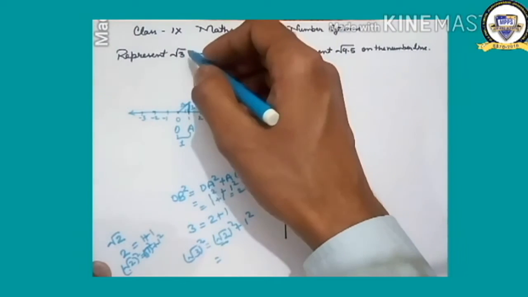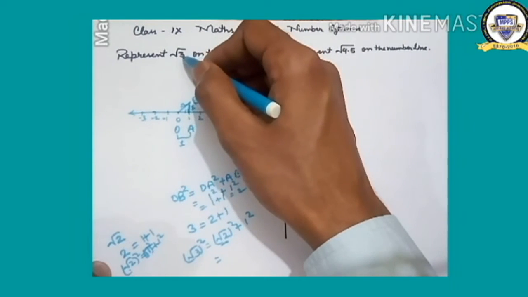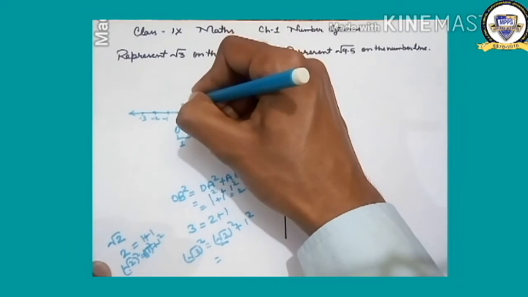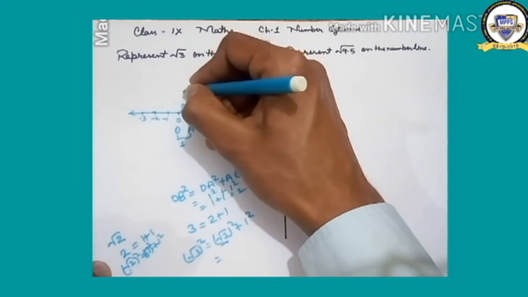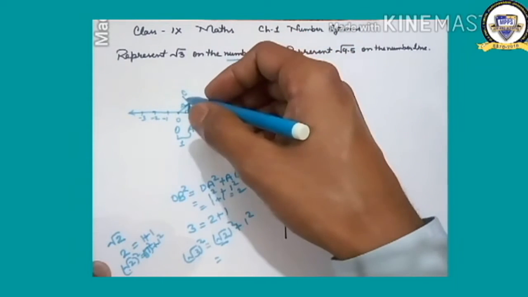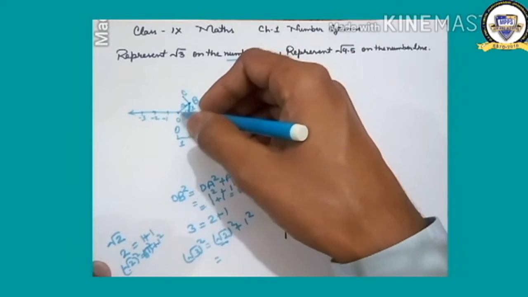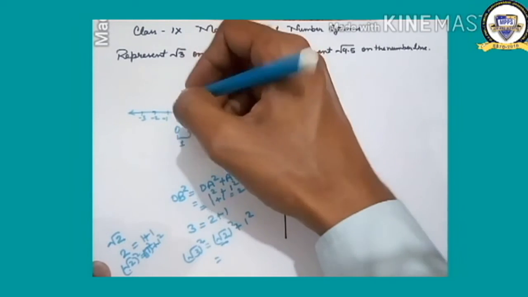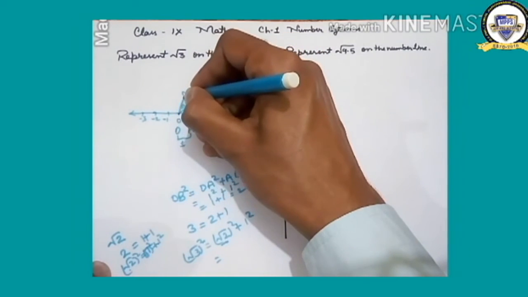But here the question is square root 3. So again you have to draw a perpendicular line on OB, at B. You have to take BC equal to 1 unit, which is perpendicular to OB. Join OC.